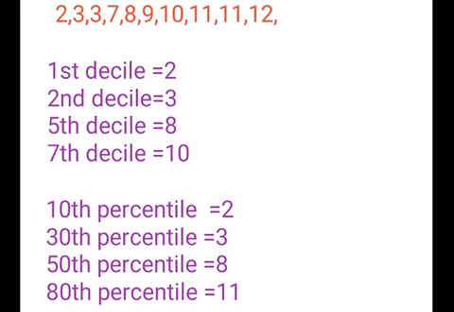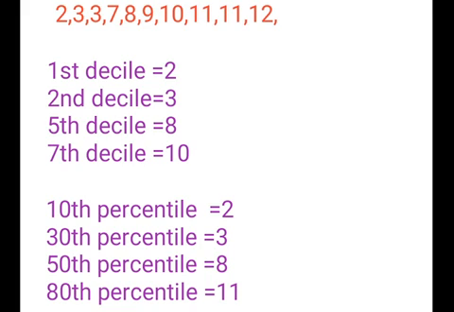Look at the data we have here: 1, 2, 3, 3, 5, 2, 3, 3, 7, 8, 9, 10, 11, 11, 12. Let's assume those are the heights of tree seedlings that were measured and recorded. There are 10 in number.